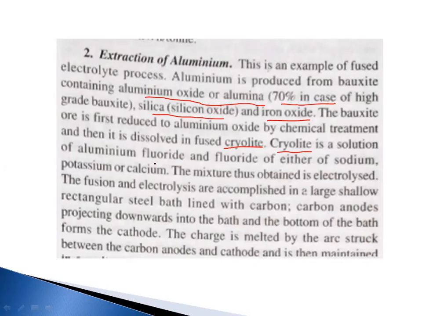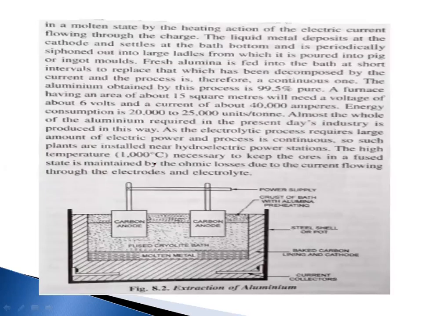The charge is melted by the arc struck between carbon anodes and cathode and is then maintained in a molten state by the heating action of the electric current flowing through the charge.